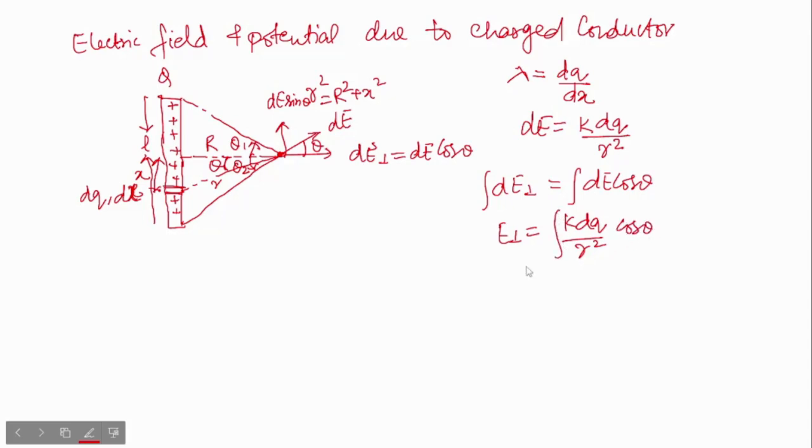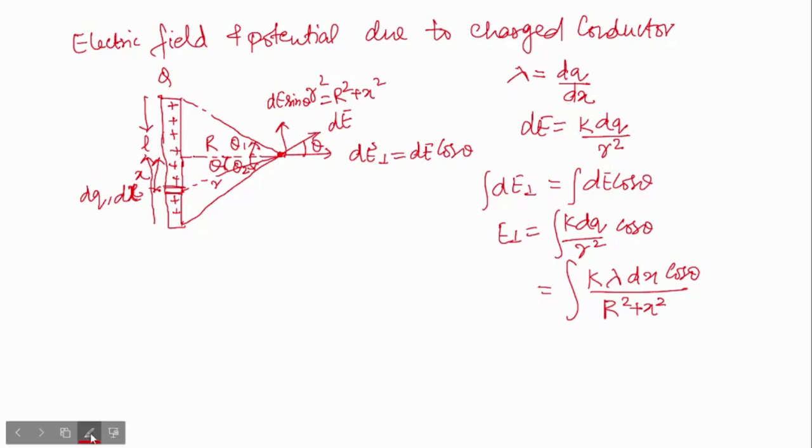Now we'll replace this dq by lambda into dx, which we have defined here. So this will be k lambda dx cos theta upon r squared, which we can write as capital R squared plus x squared.